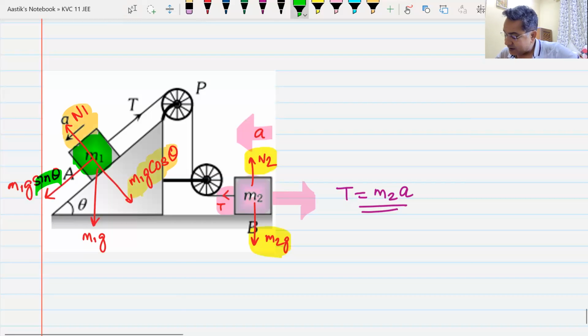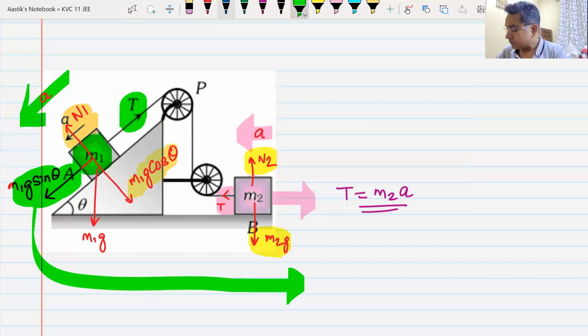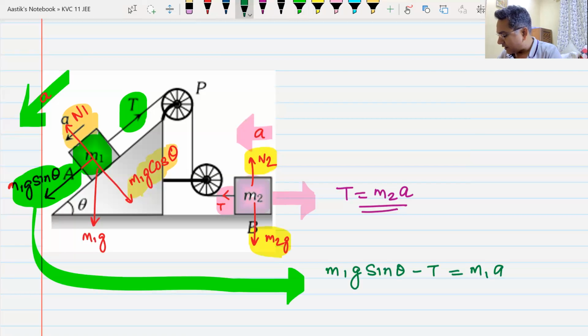Now I can write the green equation. M1G sin theta is downwards, T is upwards, and the acceleration is downwards. Do we understand this? Acceleration is same and it is downwards. So what is the green equation? The green equation is M1G sin theta minus T is equal to M1A.